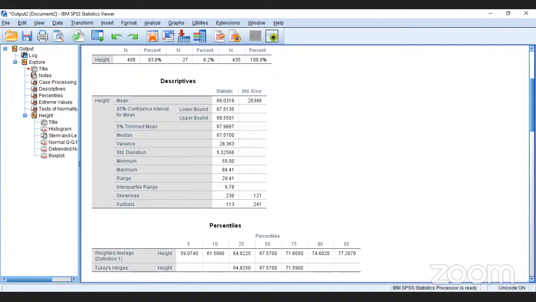And we said with a confidence interval of 95%, we know that our lower bound is 67, our upper bound is 68.5. And the confidence interval gives us a range of values for which we think that the population mean must fall between. So it helps us to be able to estimate where our population mean is, given that what we have here is a sample mean.